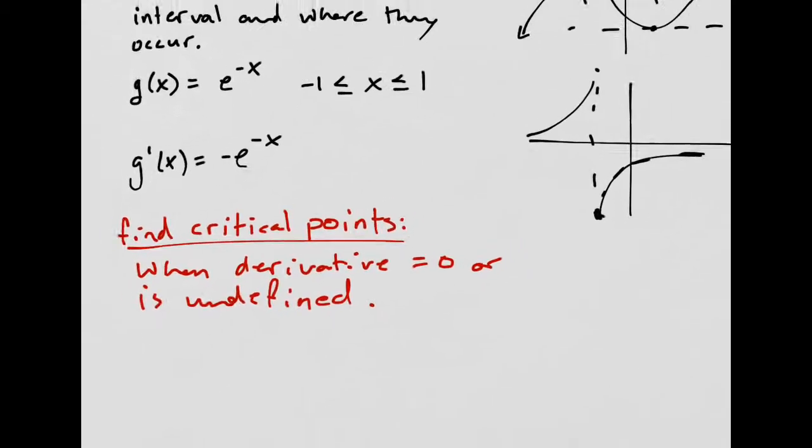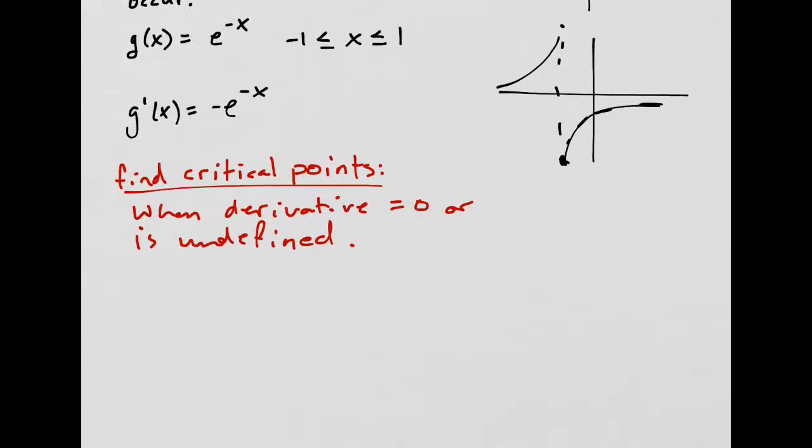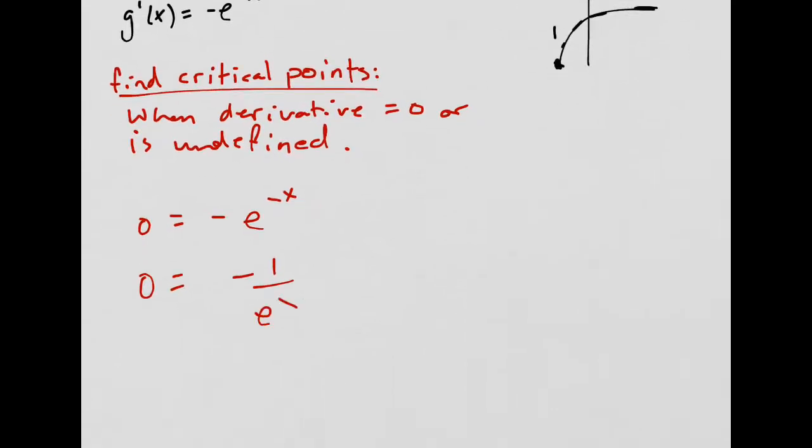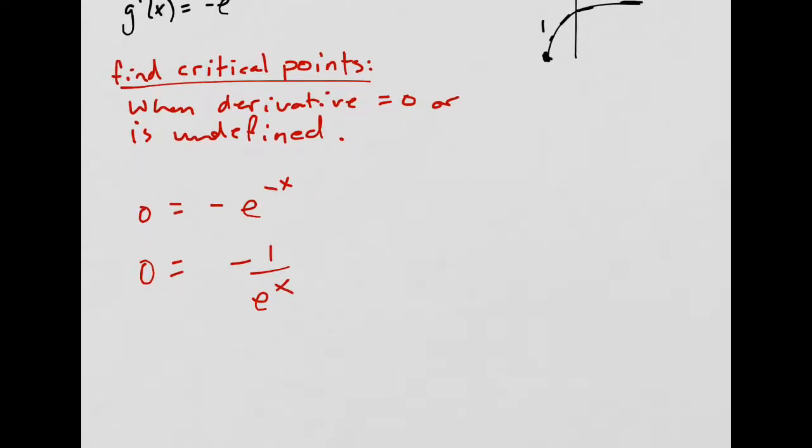So let's think about that for our function. If I said 0 equals negative e to the negative x, that's the same thing as 0 equals negative 1 over e to the x. In fact, this is never 0. The only way I can get 0 is if the top is 0, and this is never going to be 0.